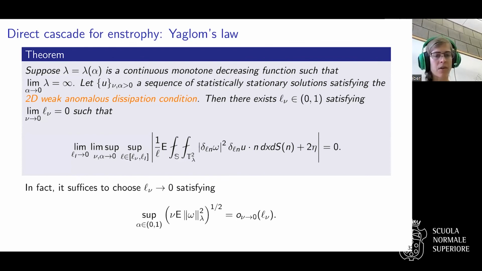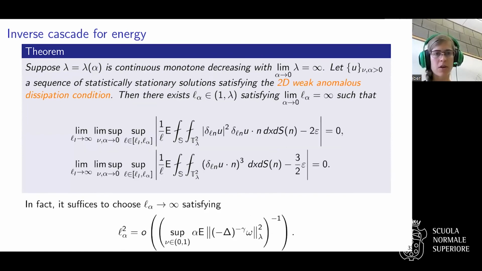And so what you need is, again, that the dissipation scale goes to 0 in this way, and then the integral scale depends on the forcing covariance. On the other hand, for the inverse cascade, this is what you get.